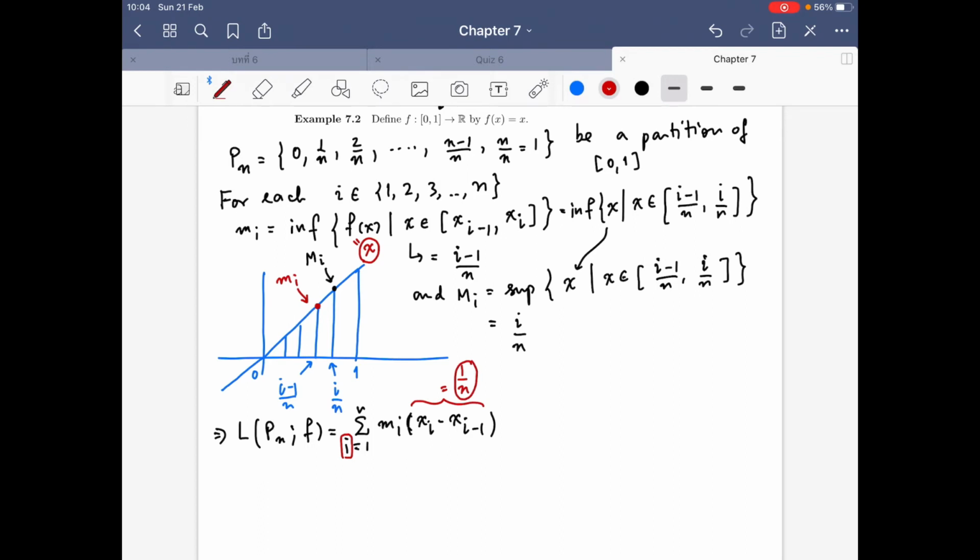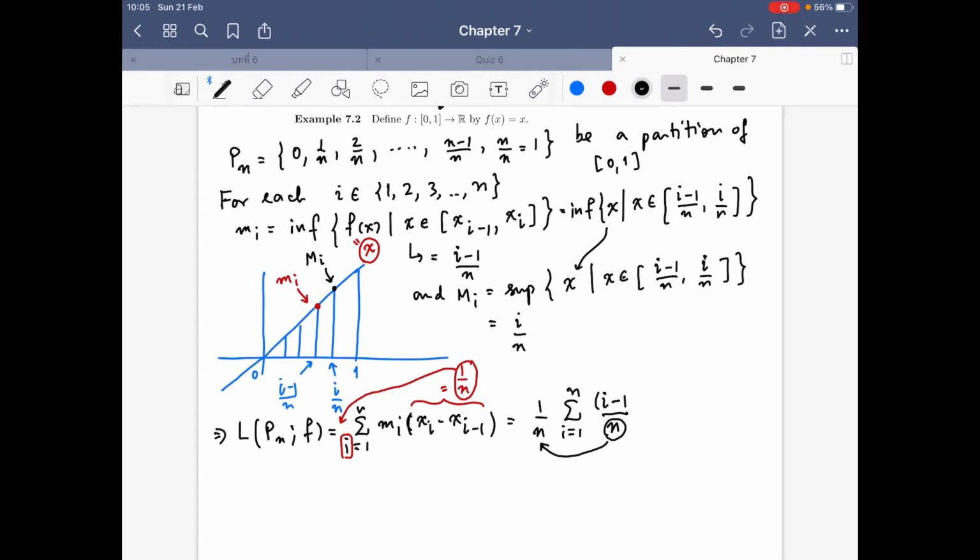Your 1 over n is a fixed parameter, so you can move it out of the summation, and you are going to have 1 over n times the summation for i from 1 to n of (i minus 1) over n as well. Again, this is another fixed parameter, so you can move it out as well.